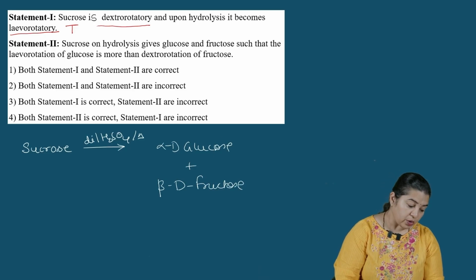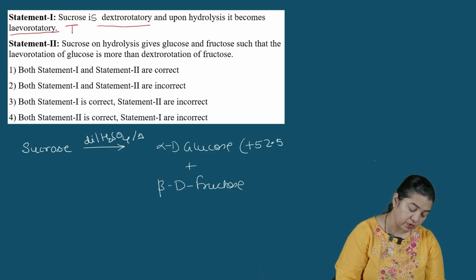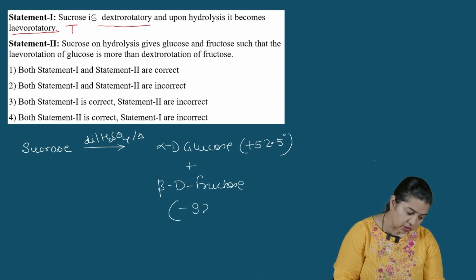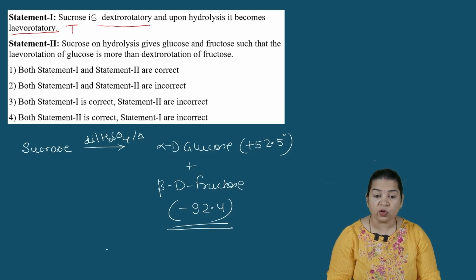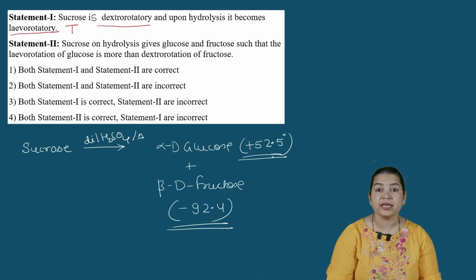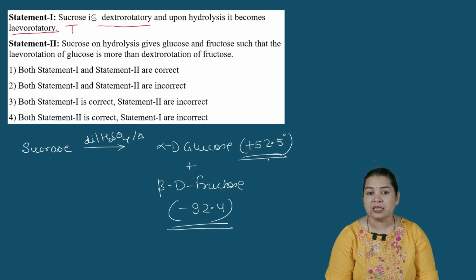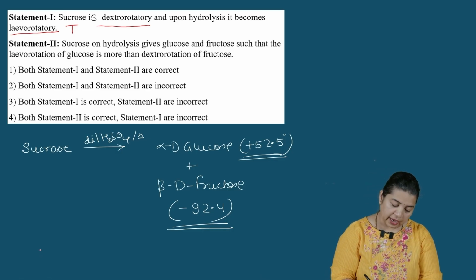Now the specific rotation of alpha D glucose is plus 52.5 degrees and of fructose is minus 92.4. What happens is this levo-rotation of fructose dominates over the dextrorotatory nature of glucose. As a result, the overall solution becomes levorotatory. So statement 1, we agree, is absolutely correct.